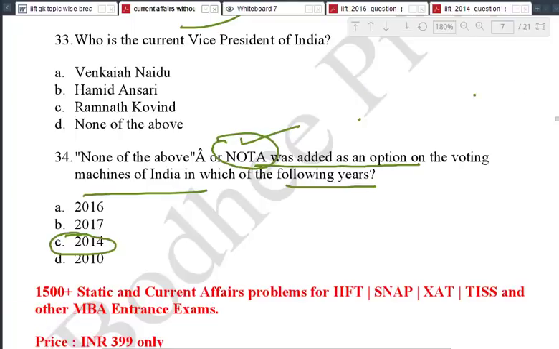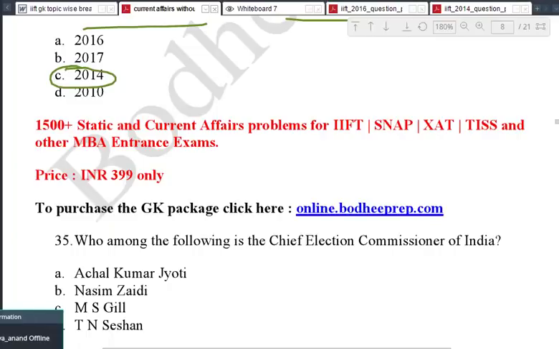In one of the recent elections, after the winner, the second highest vote was in the NOTA category. I don't know which constituency. I think it was in Goa. In one of the Goa constituencies, yes, after the winner, the second highest number of votes was for NOTA.